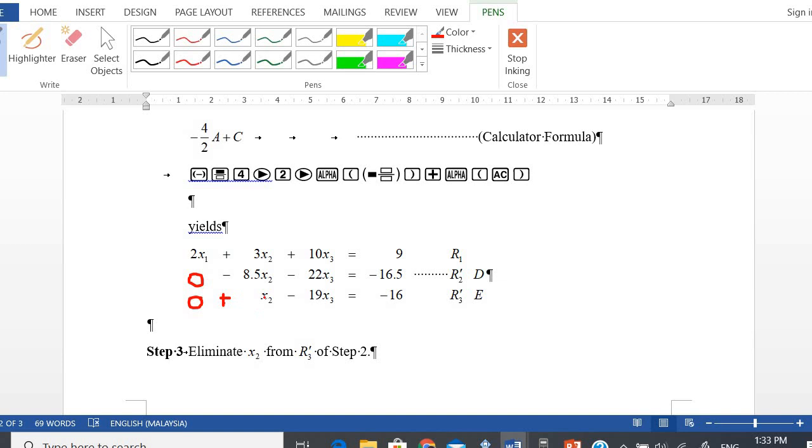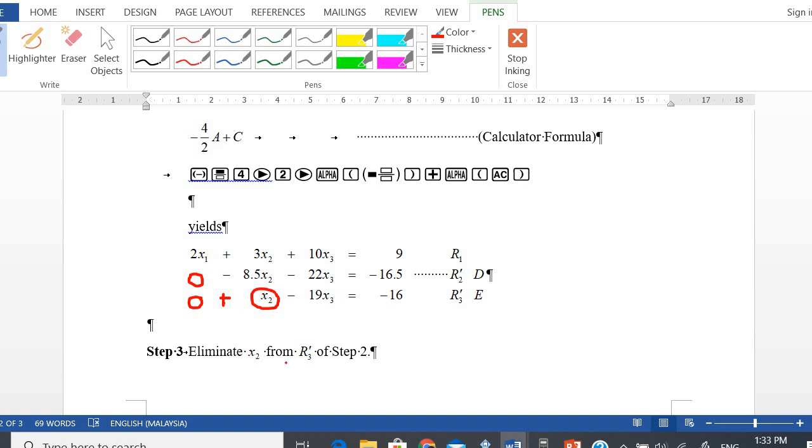Okay, and the third step, we are going to eliminate the coefficient of x2 from new row 3, becomes 0, so that we can get an upper triangular matrix, and hence we can use backward substitution to solve for x3, later on x2 and x1.